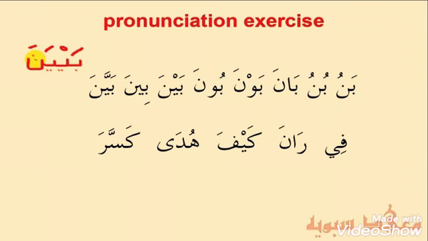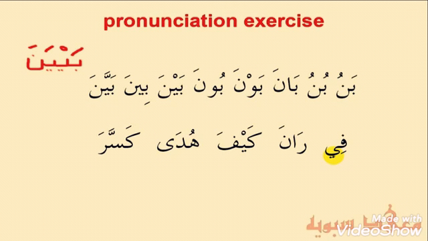Now let's go to the 5 words below. We'll pronounce it and give you the meaning. So the first word is Fi. So you notice there's the elongation, the long vowel. Fi means in. And that in could either be physical or abstract. So if we say Fil Bayt, in the house. Or it could be abstract. For example, if I say Fi Ra'yi, which means in my opinion.